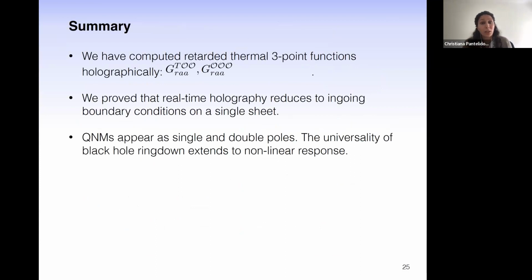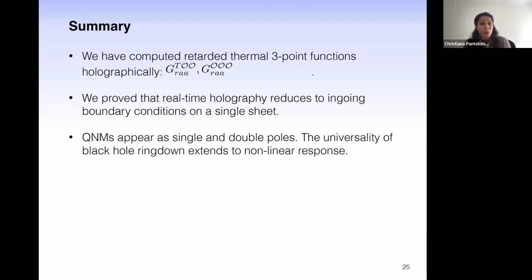And I computed essentially, I got it for free, the retarded 3-point function GRAA of the TT component of the stress tensor together with 2 scalar operators. We've also shown that real-time holography reduces to ingoing boundary conditions on a single sheet, extending the Son-Starinets prescription to the nonlinear level.